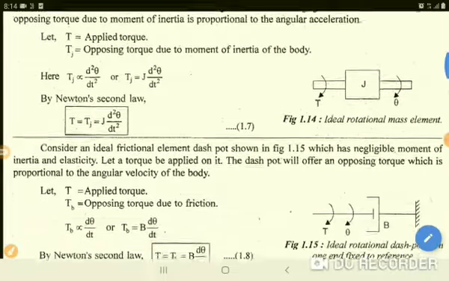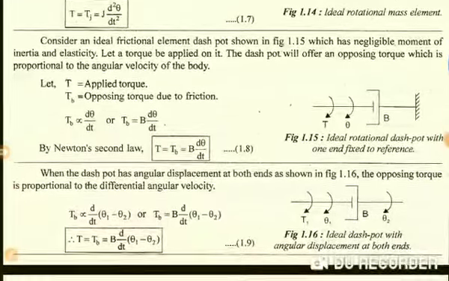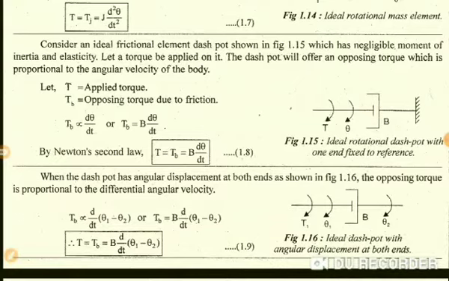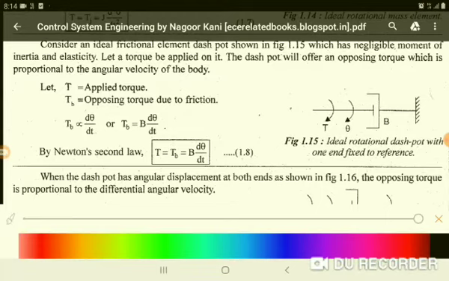Now consider the frictional element, the dashpot, fixed with one end at a reference. See here, B is fixed with one end at a reference. Here the applied torque is T and the opposing torque is T suffix B, where TB is proportional to d theta by dt, or B into d theta by dt.